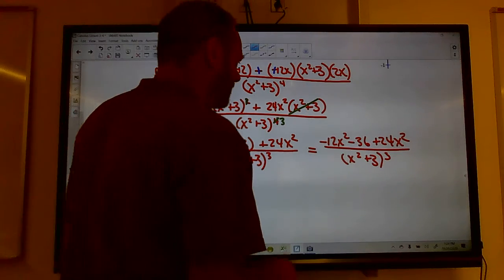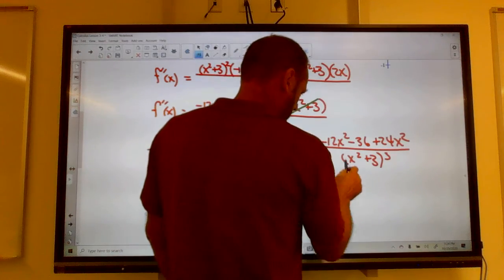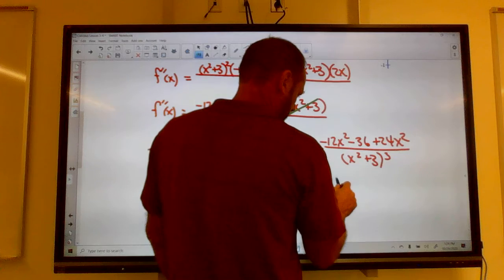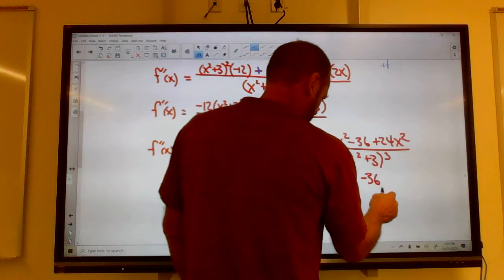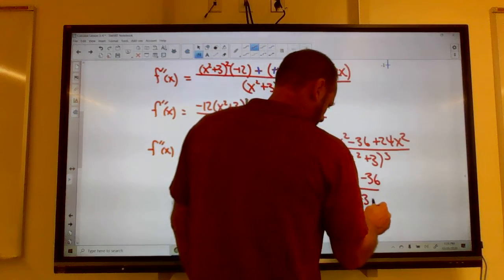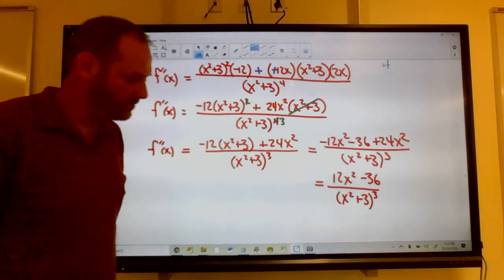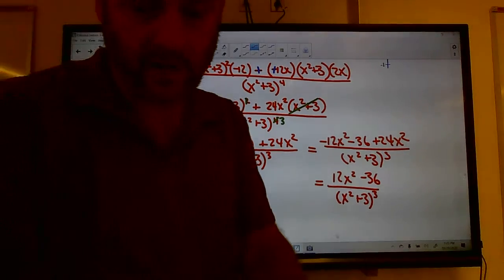Well, let's see here. If I combine my like terms, I get 12x squared minus 36 over x squared plus 3 cubed. And somewhere I've got something wrong with the negative sign. Stand by while I figure that out real quick.